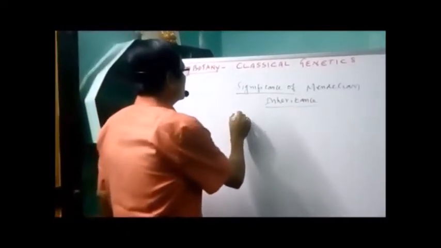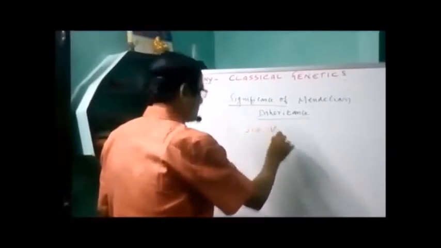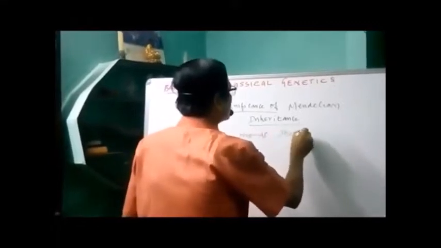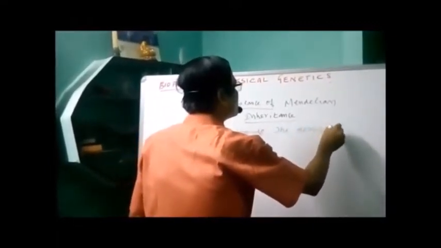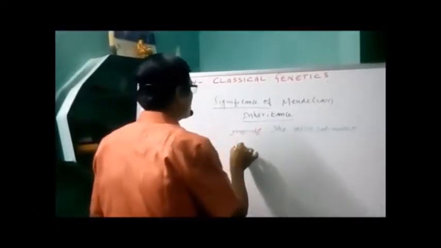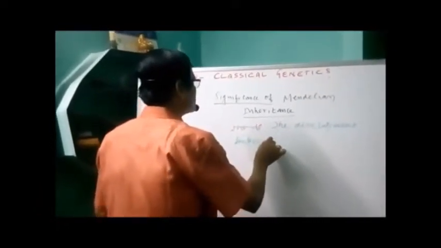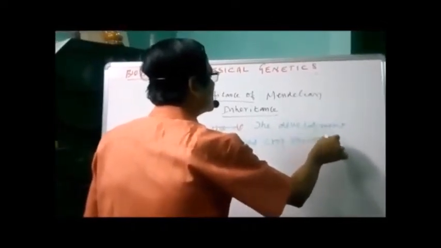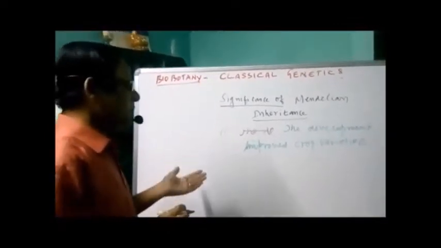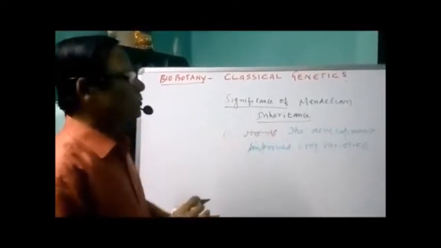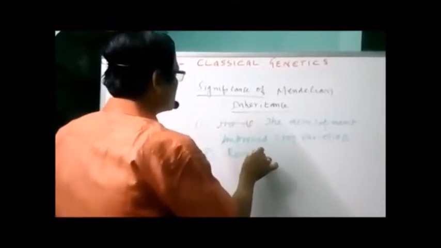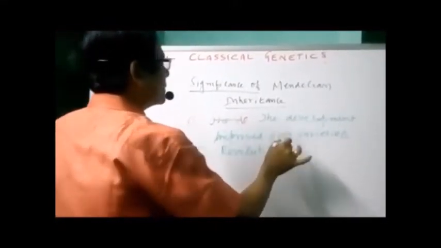Number one, the development of improved crop varieties. This is a major role played because of Mendelian inheritance. It played an important role in the development of improved crop varieties and also revolution in crop hybridization.